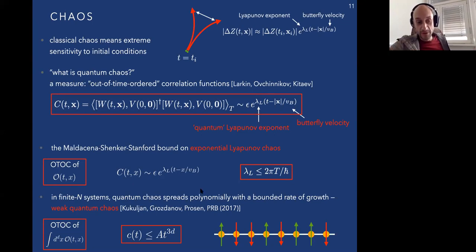What we were able to prove with this group in Ljubljana before I was here was that the chaos in such systems always spreads polynomially, with a rate that's at most t to the 3d, where d is the number of spatial dimensions. So you can think of exponential chaos and weak quantum chaos, which is polynomial, as two different phases of chaos. And they have analogous bounds, okay? There's an exact bound on the growth rate of how fast this chaos can propagate.